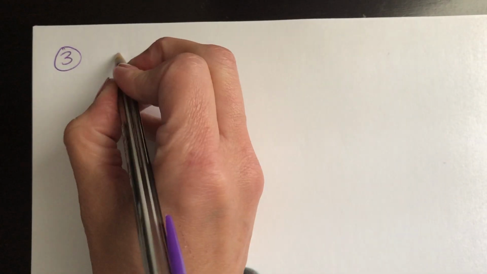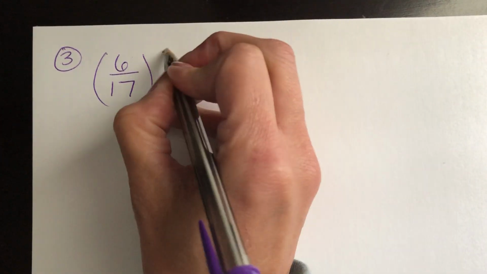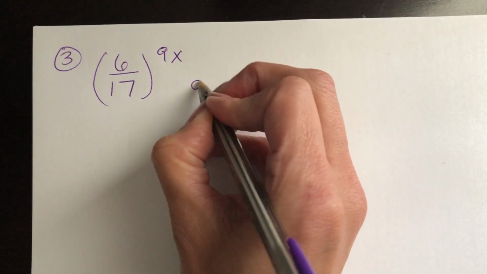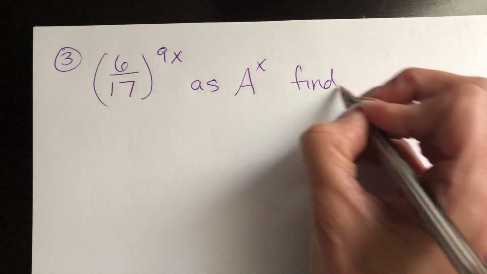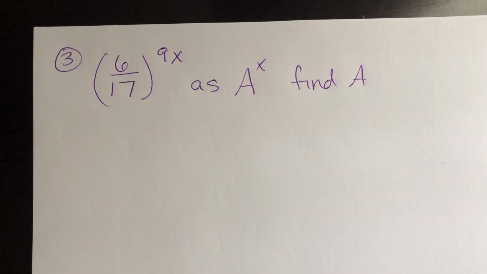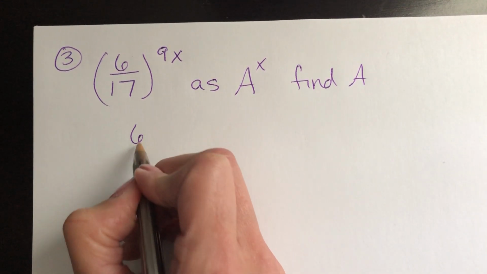Remember, you can pause the video at any time and try these on your own as well. Same thing, we're still finding a. So you would do the power to power rule.